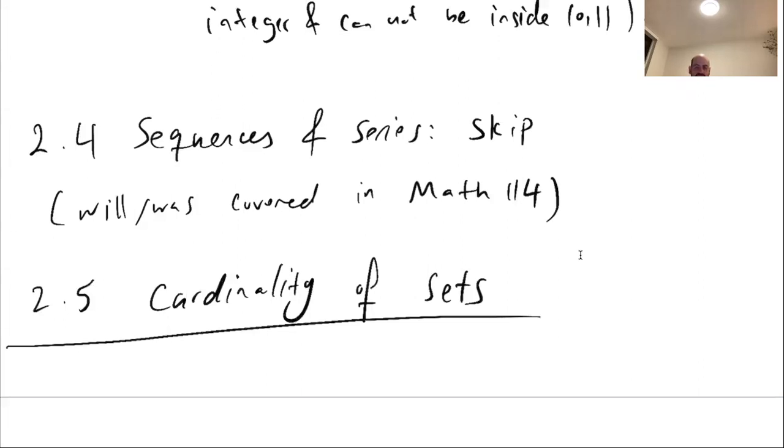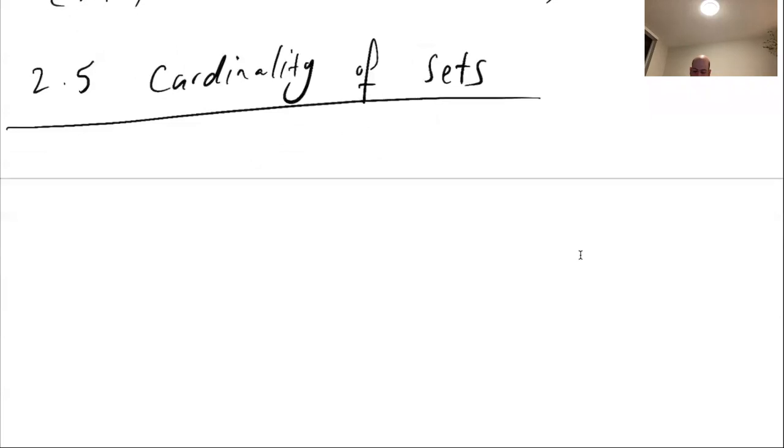But which infinity is bigger? Are they the same type of infinity, or a different type of infinity? So here our main job is to compare infinite sets. Which infinity is bigger than the other?